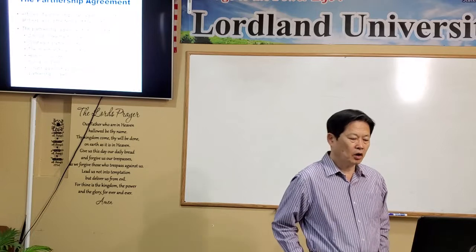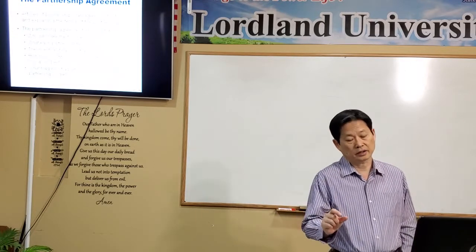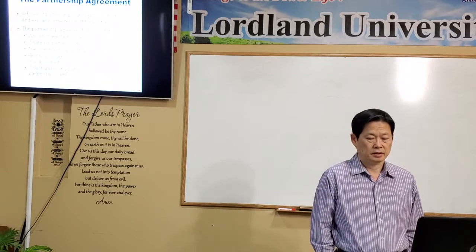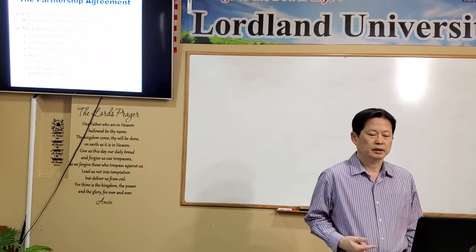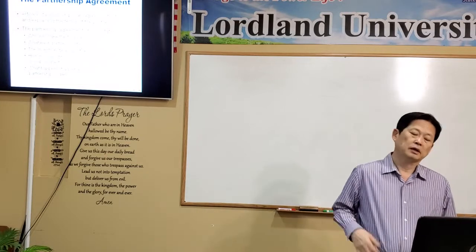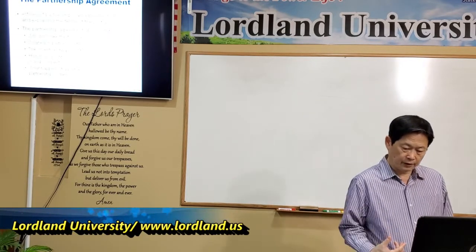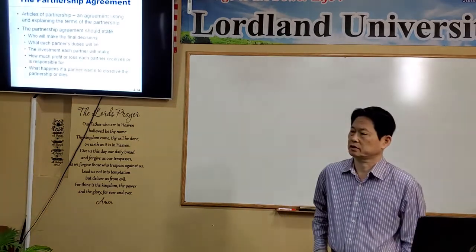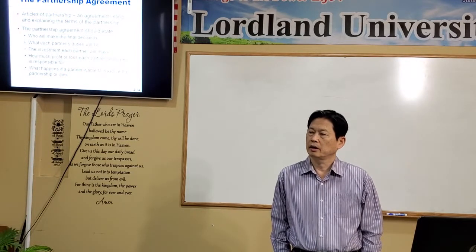The articles of partnership is an agreement between the partners. This agreement lists and explains the terms of the partnership. The partnership agreement must state the following items. The following items are required elements for forming a partnership.